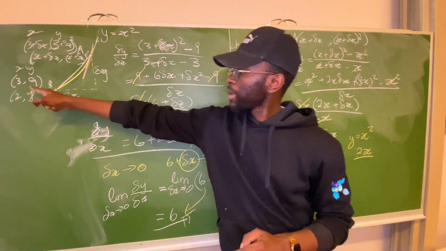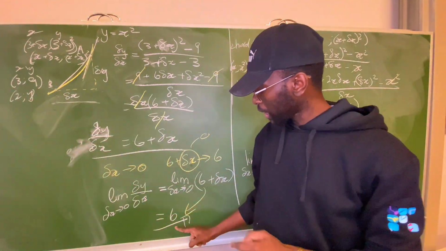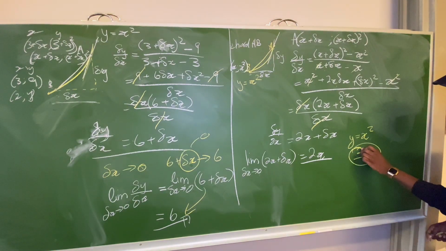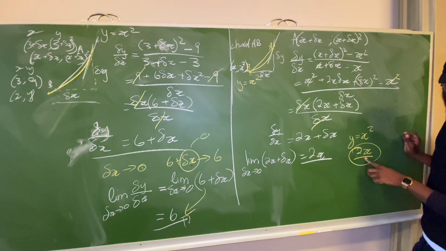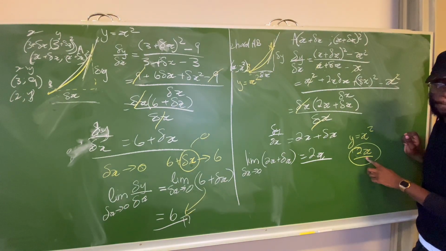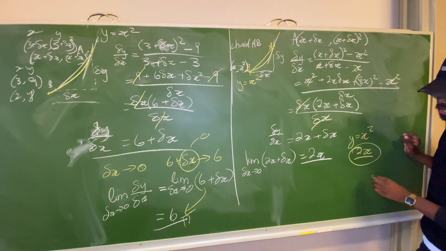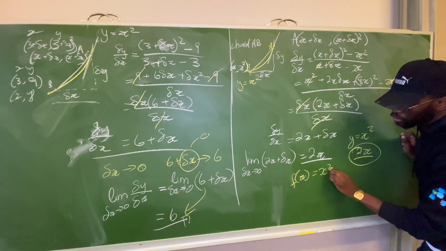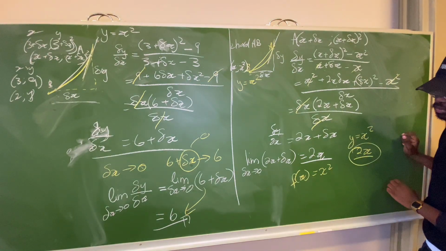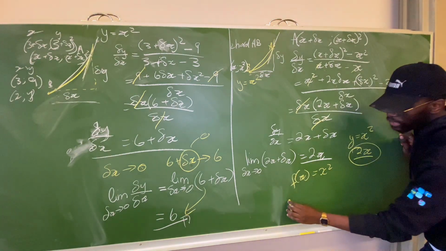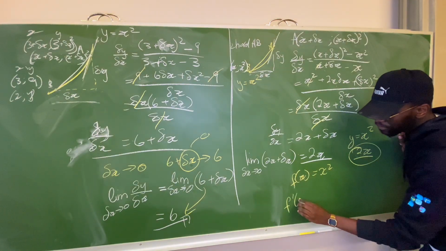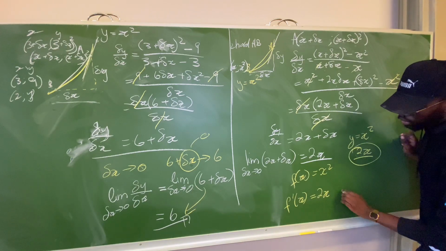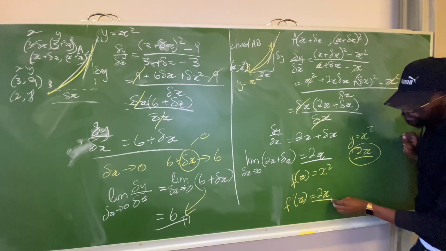Now this new function that we get, we are going to call the gradient function or the derived function. We denote this in this way. If f of x is equal to x to the power 2, that means that the derived equation will be equal to 2x.